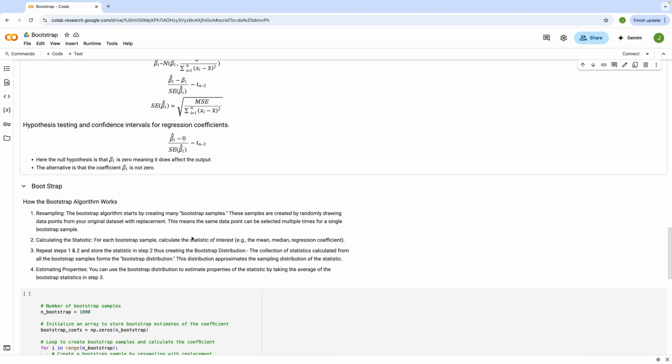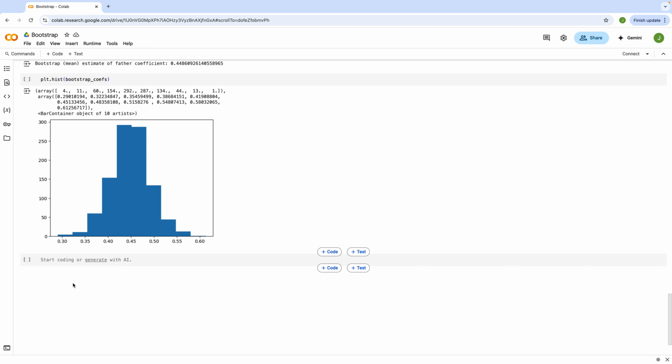But now I can display the histogram of this estimate, and I can see that a reasonable range for this coefficient, 0.45, that's about the average, technically 0.448.